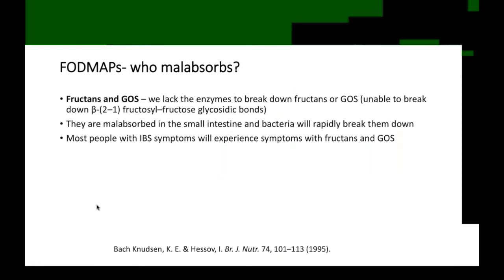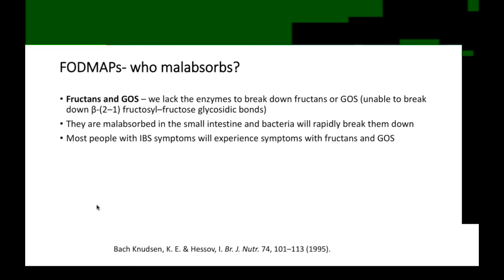Now, what we do know is that everyone, to some extent, will have a problem with fructose and GOS, the galactose. And that's because we actually lack the enzymes to break down some of these. And that's why if you eat a lot of beans, even if you don't have a bacterial overgrowth, you will often feel a little bit heavy and bloated, for example.